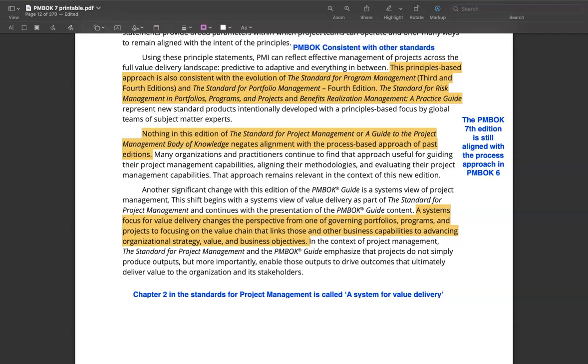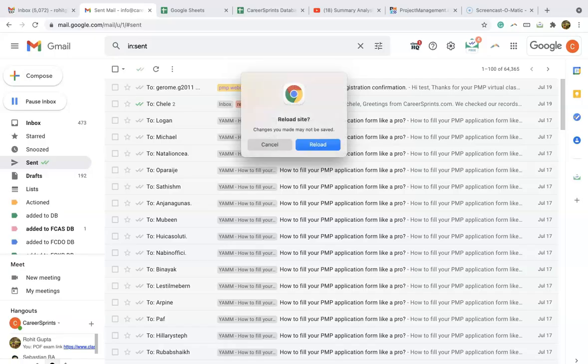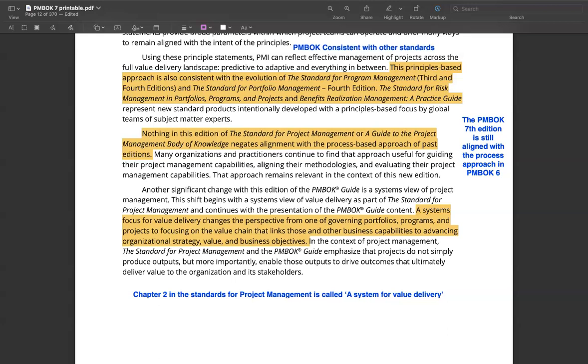If you're not delivering value to your customers, then your customer is going to go to someone else. So an organization is made up of many value streams. PMI has recognized concepts such as lean and DevOps, because they talk a lot about delivering value to customers, and so on and so forth. PMI recognizes this, and they have incorporated that in the PMBOK 7th edition.